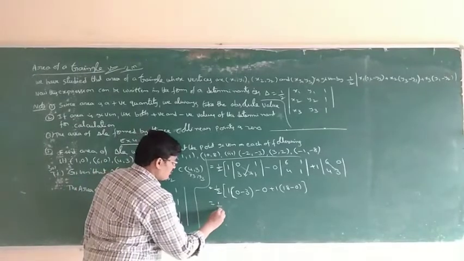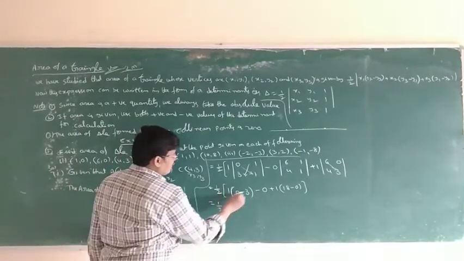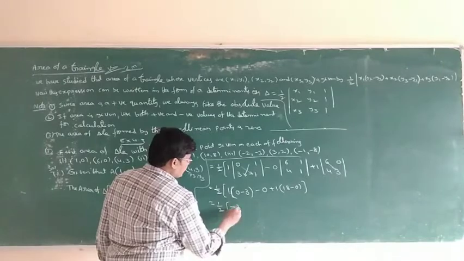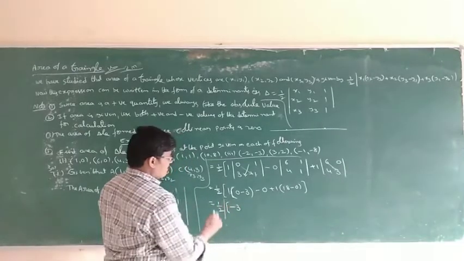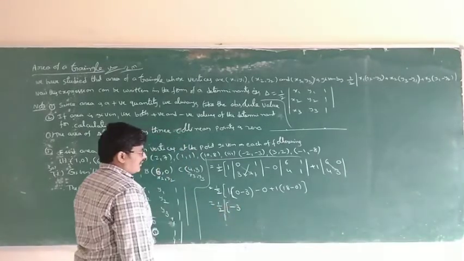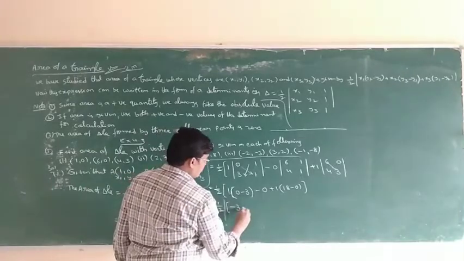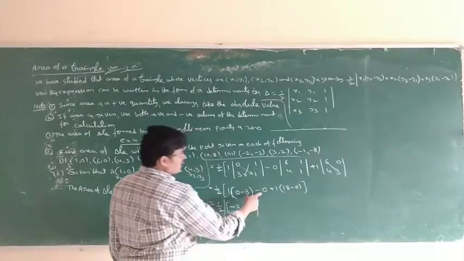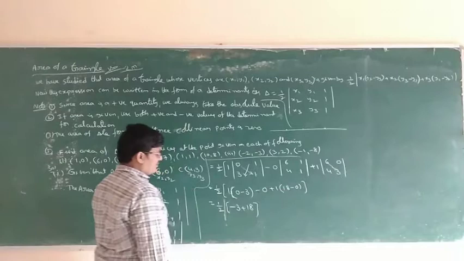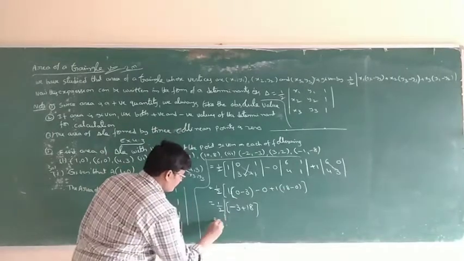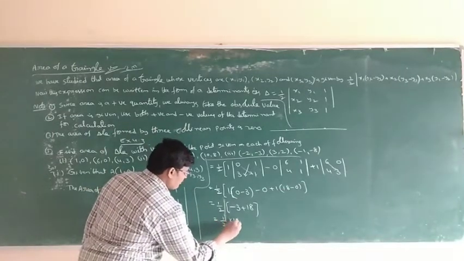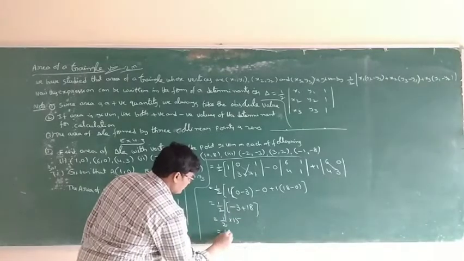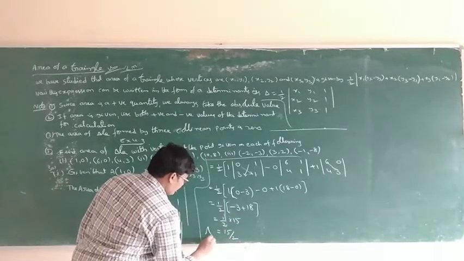So that is equal to 1 by 2 into 1 into minus 3 modulus. Minus 3 plus 18, 18 minus 0 is 18, minus 3 plus 18 is equal to 1 by 2 into 15. So that is equal to 15 by 2.